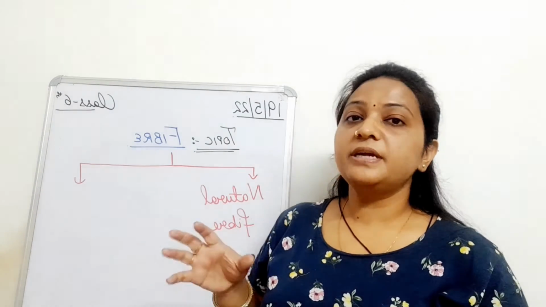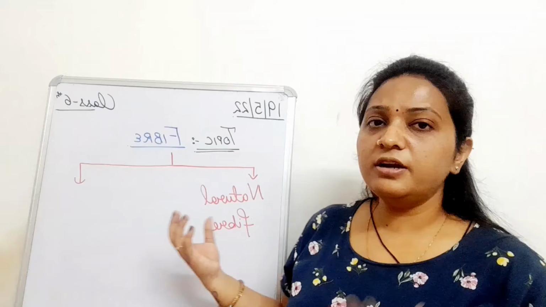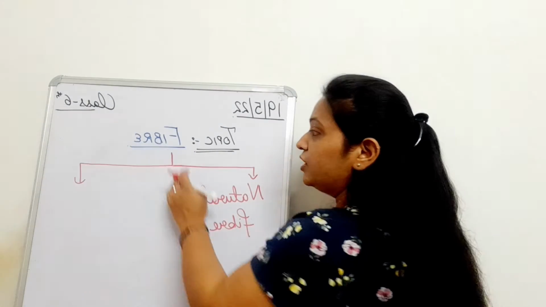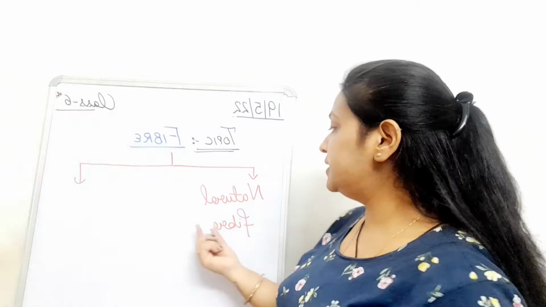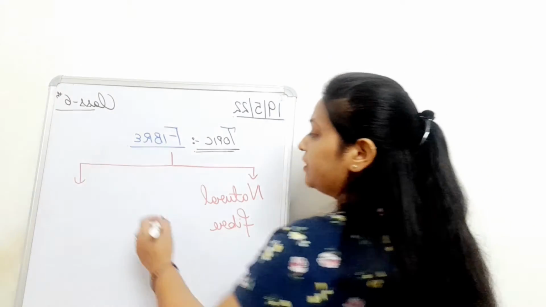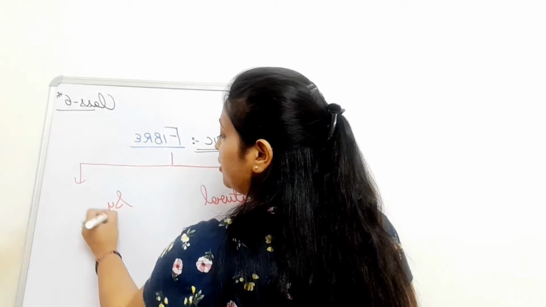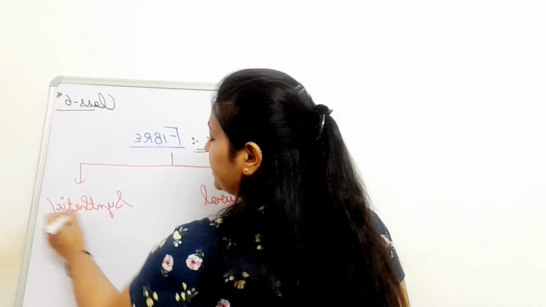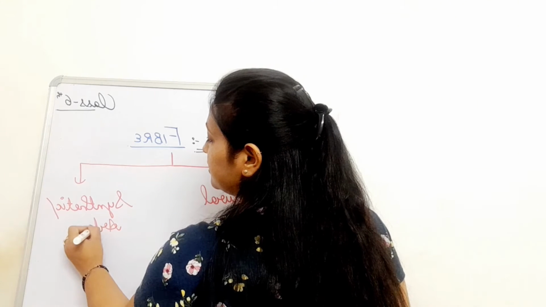So human made things are artificial. One of the sources of fiber is natural fiber and another one is synthetic or artificial. Synthetic fibers are also known as artificial fibers.